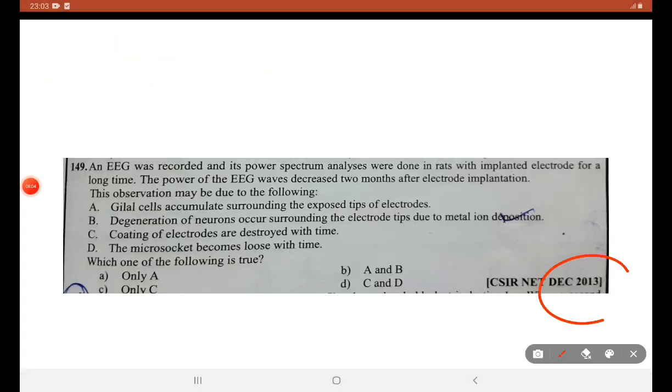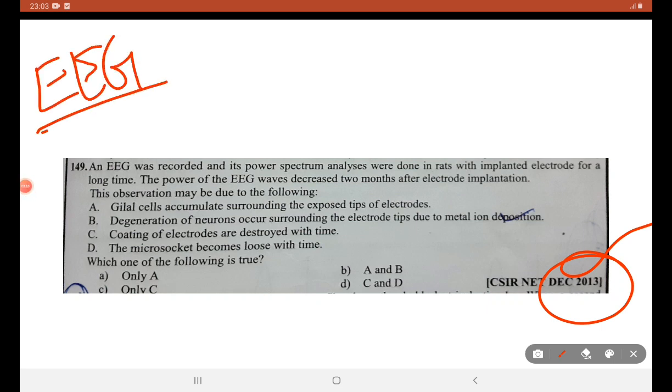Next question from December 2013. Electroencephalogram. We have seen this question already when we saw nervous system previous year question concept series. Go back and remember. Let's recollect what will happen when an EEG was recorded and its power spectrum analysis was done in rat with implanted electrode.